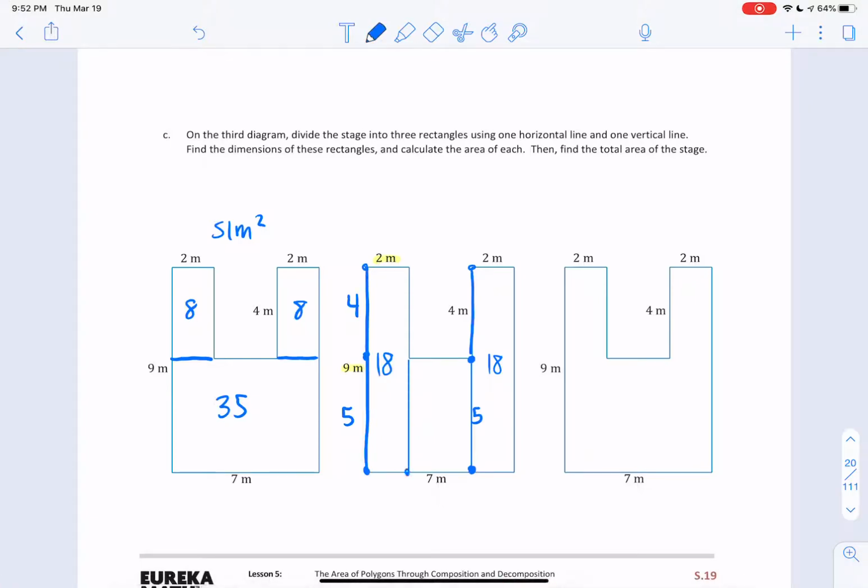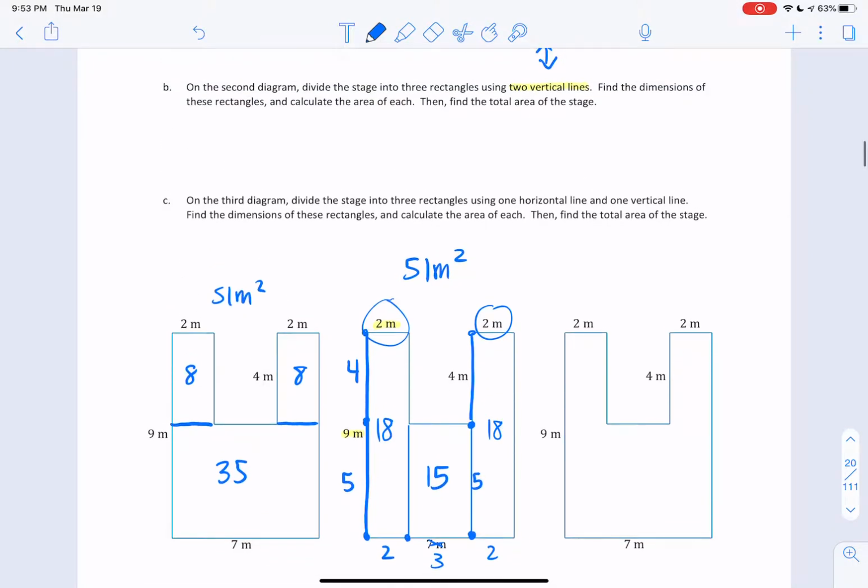I know that this little section here is a 2 based on the top up here, and this little section is a 2 based on the top. Therefore, if the entire bottom adds up to 7, then this must be a 3. Altogether, it's 7, but it's a 3. That means 3 times 5, this section is actually 15. And once again, it would add up to 51 meters squared.